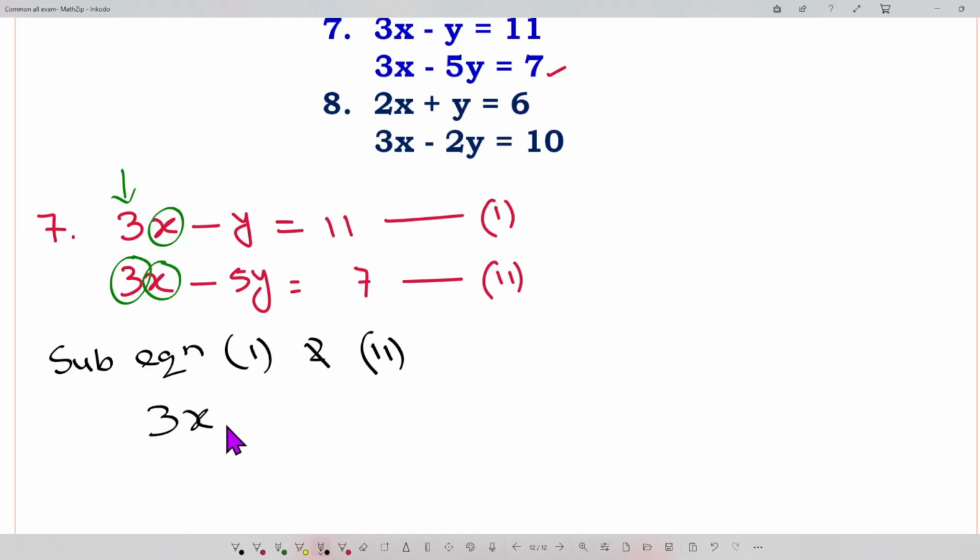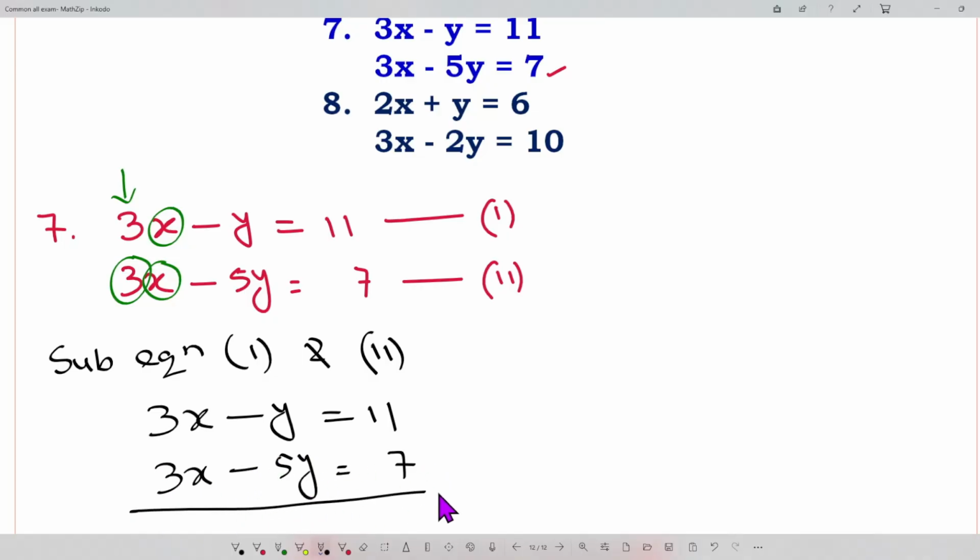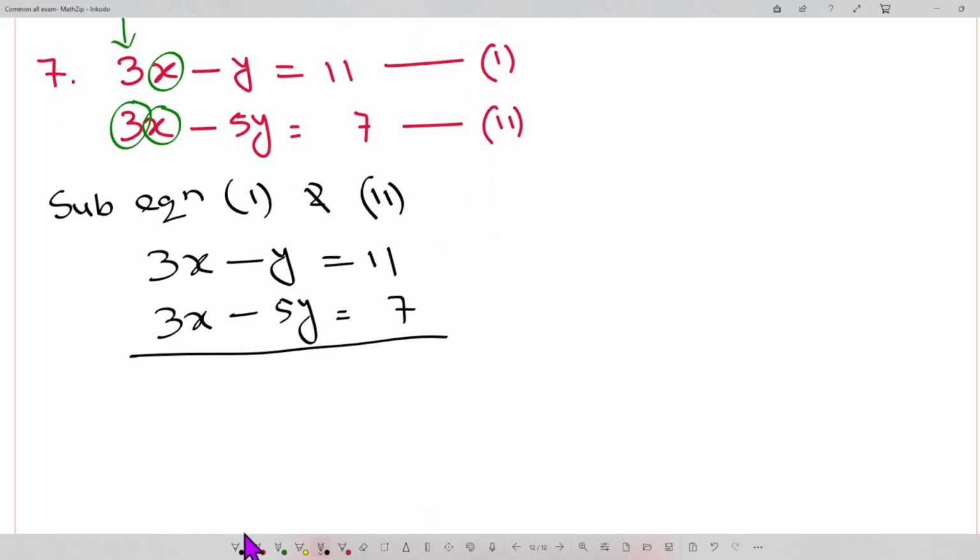Look, 3x minus y equals 11 and 3x minus 5y equals 7. The sign of the second equation will be changed: this is minus, this is plus, and this is minus. Plus 3x minus 3x is removed, plus 5y and minus y gives 4y, and 11 minus 7 is 4.